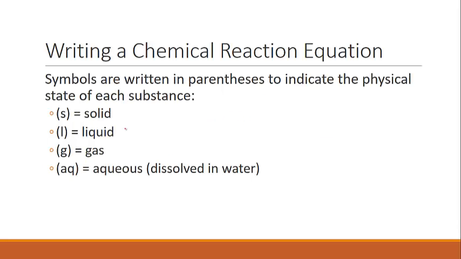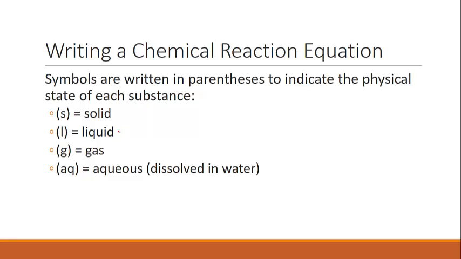And oftentimes you will see symbols written after the formulas of each of the substances to indicate physical states. The four common parentheses symbols are given here. We can use S to indicate a solid, L to indicate a liquid, G for gas, and AQ for aqueous. This is what we use when we dissolve something in water. Now, liquid and aqueous are often confused for each other.